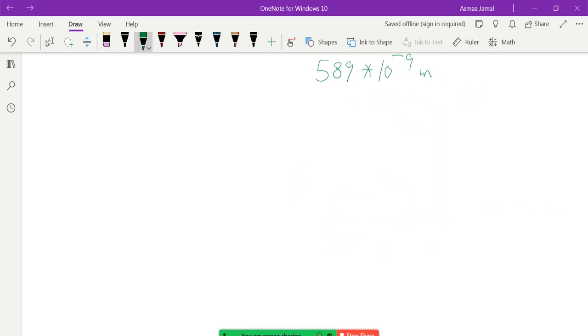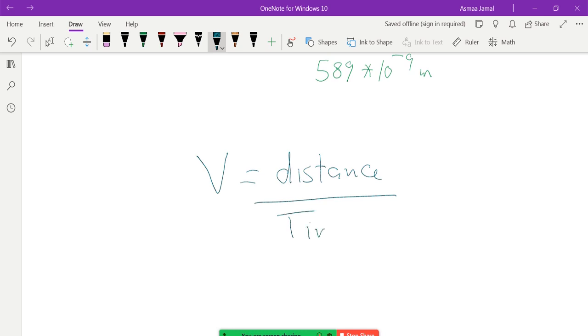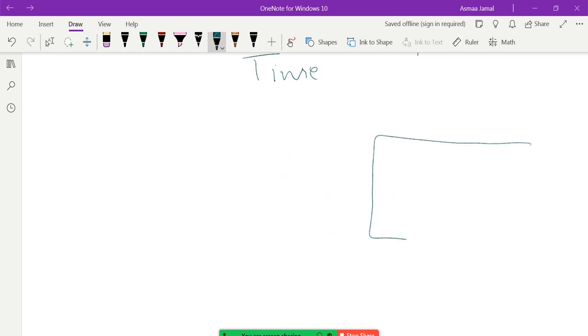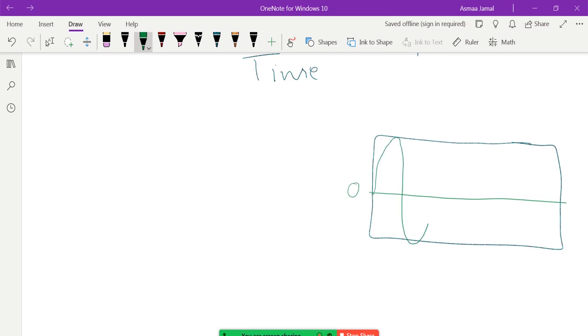Another equation we have is that velocity, or the speed, equals the distance over the time, in meters per second. So we have that image at 0, and those are the frequencies. Here is 5, here is 10, here is minus 5, and here is minus 10.